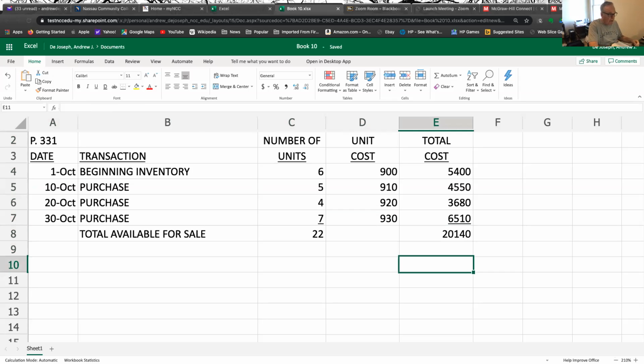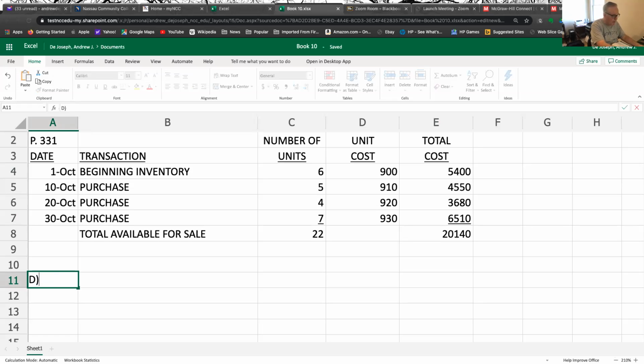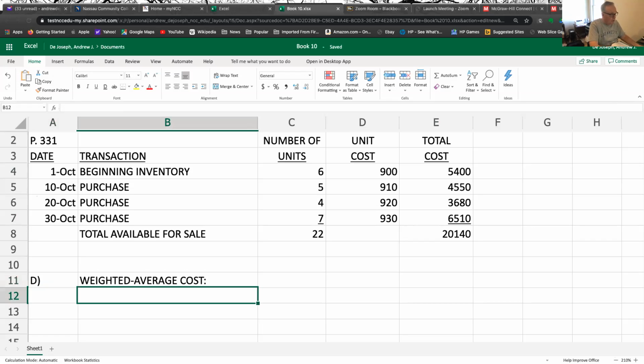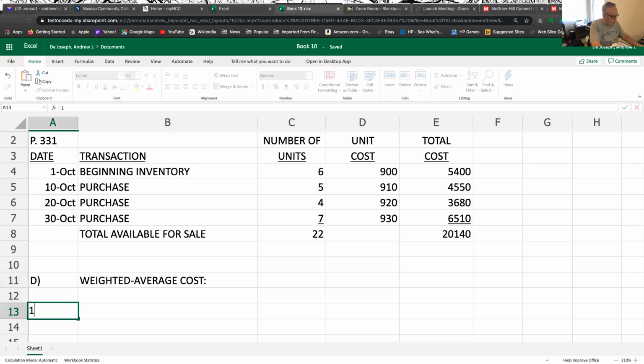Okay. Now I'm going to go out of order. They always show you average cost last. I like to do average cost first, because it's kind of an easy one to see. But this was part D. They call it weighted average cost. So for weighted average cost, we had 2 steps.